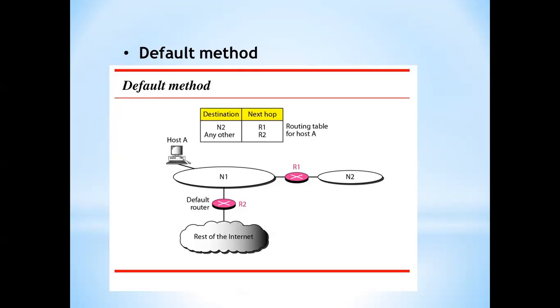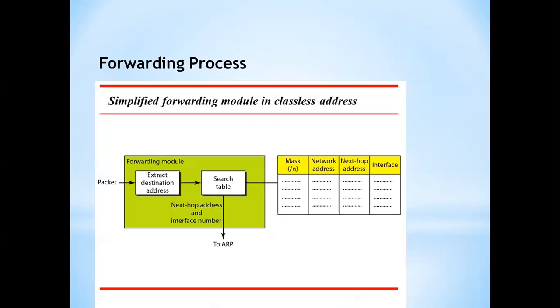However, the router R1 is used for the rest of the internet. Hence, instead of listing all networks in the entire internet in the routing table, host A will have only one entry called the default entry, normally defined as the network address 0.0.0.0.